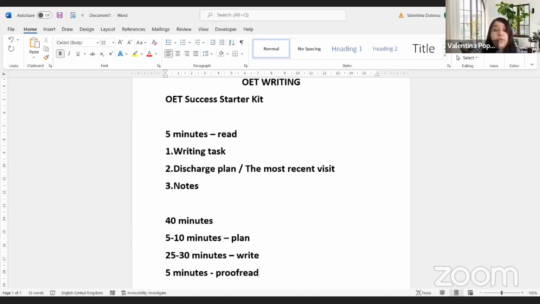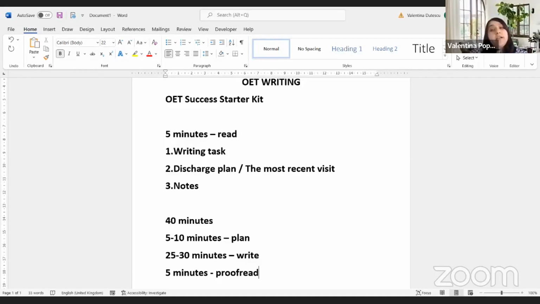So what you should be doing is going back and rereading the letter and checking for your top 10 most common mistakes. When you do this, you make sure that you are able to respect the time and finish with a correctly structured letter with all the relevant case notes.